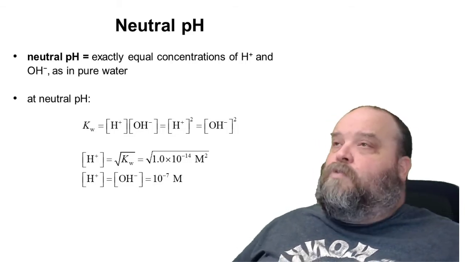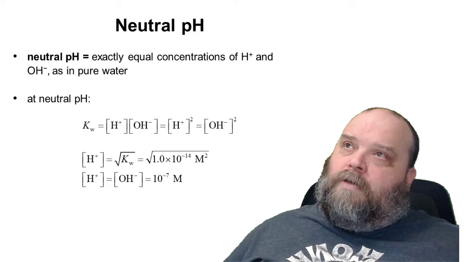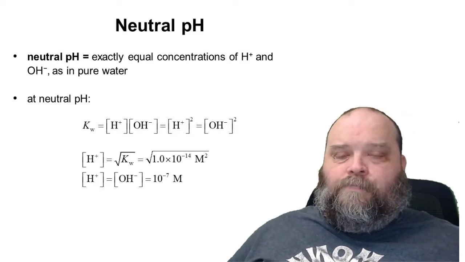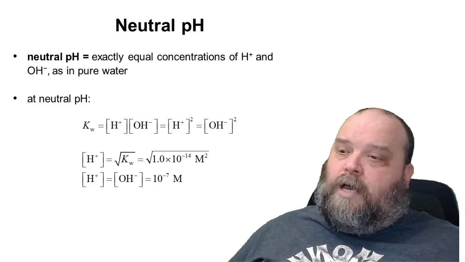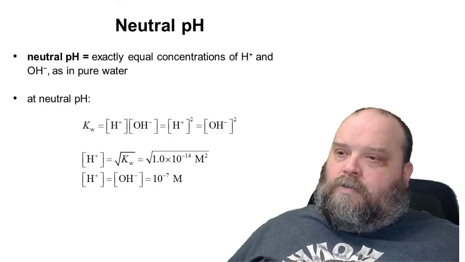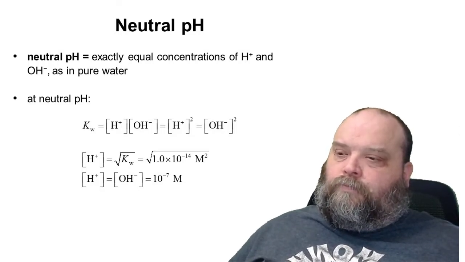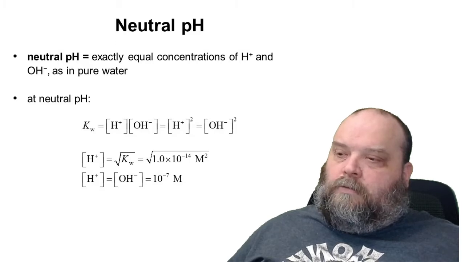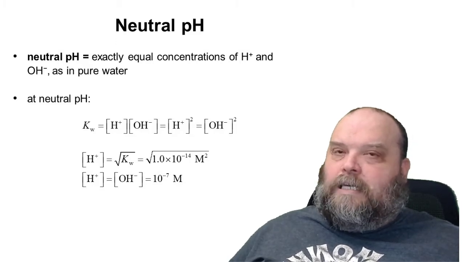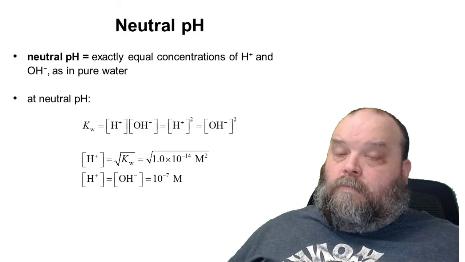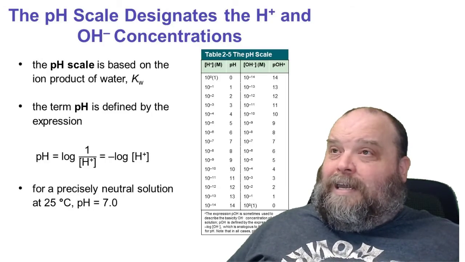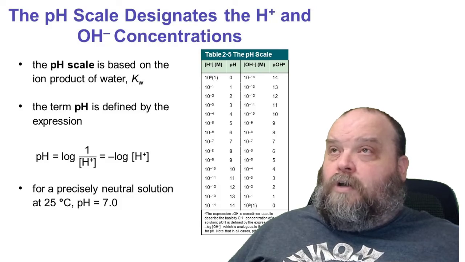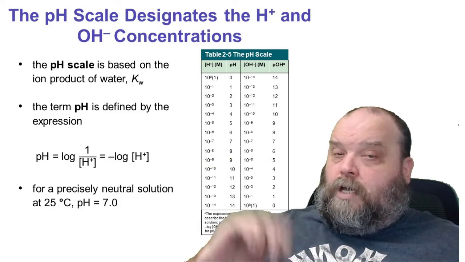So at neutral pH, pH is 7, where everything is in balance. Hydrogen concentration is in balance with the hydroxide concentration. 10 to the negative 7th. Hence we get that the pH is a negative inverse logarithmic measure of hydrogen concentration.